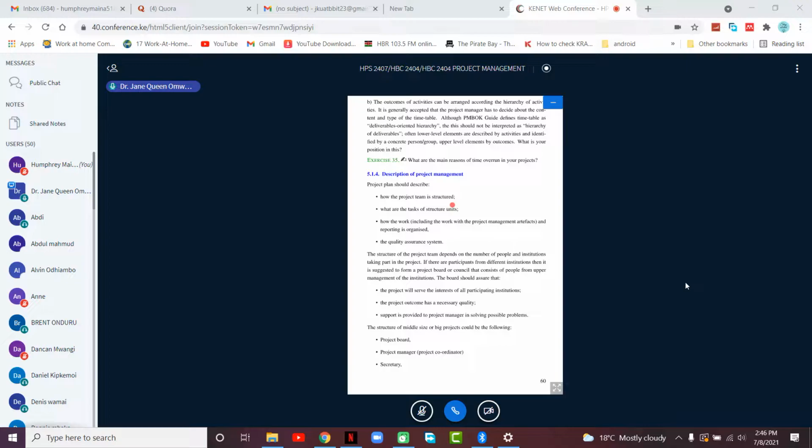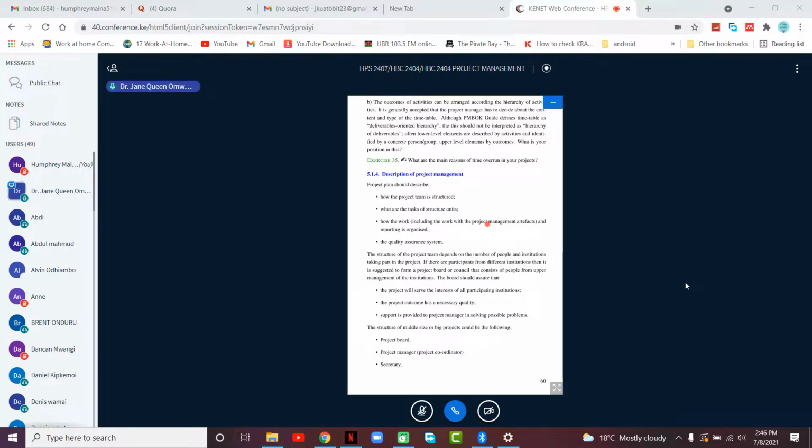A project plan should describe how the project team is structured. What are the tasks of the structure units?